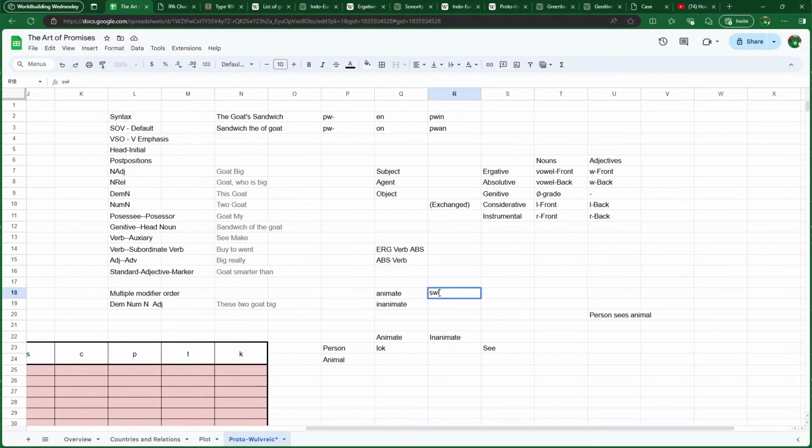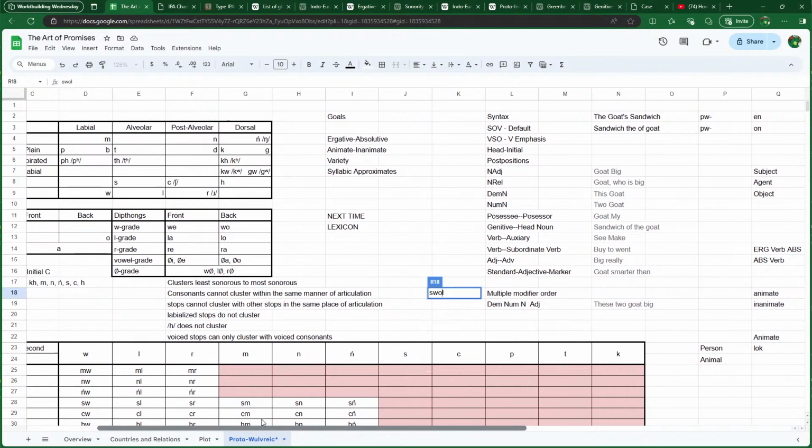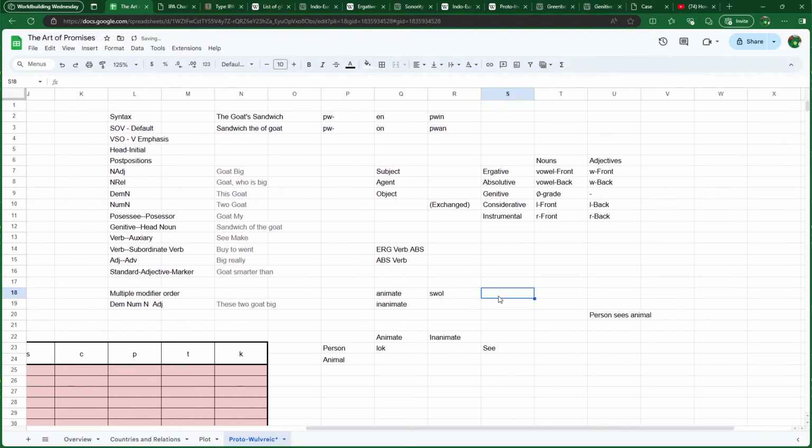Well, we can have it so that it originally was, say, Lockswole, but then over time it turned into Lockwell.